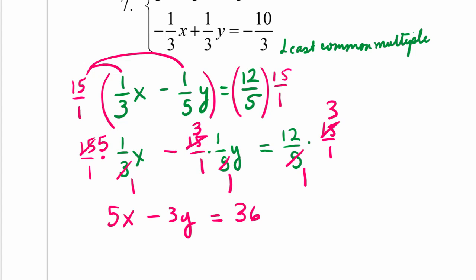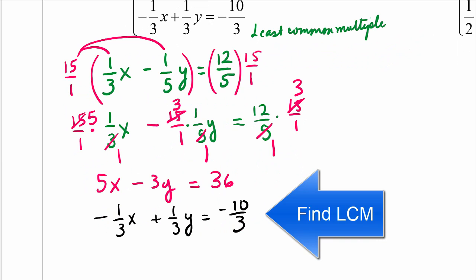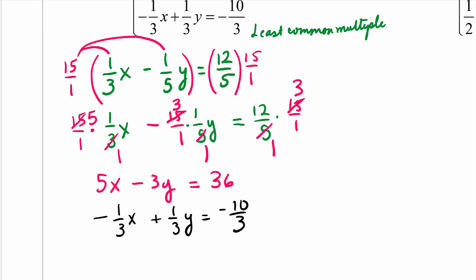Okay, let's do that same procedure with the second equation, and you may have noticed that the second equation is a tad bit easier to find that least common multiple, because all of the denominators in that second equation are 3. So we are going to multiply both sides of this equation by 3 over 1, and that's going to clear our fractions. So again, we will be doing a distributive property here, and we have 3 over 1 times negative 1/3.